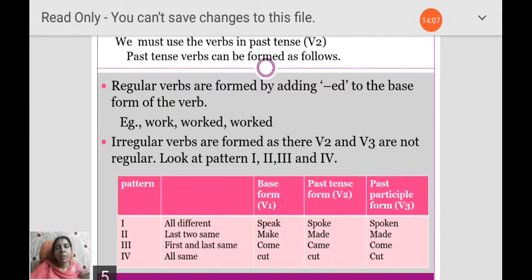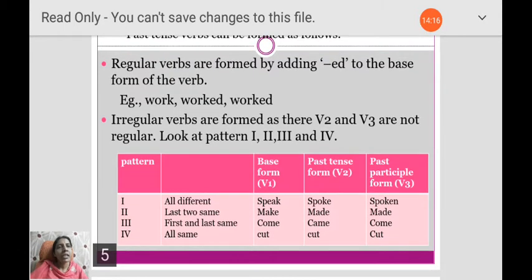And look at the patterns given below. We have four patterns below. Just observe the patterns. I will show you the slide. Now look at the patterns. Take some time and look at the pattern.